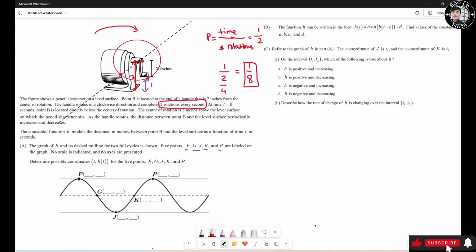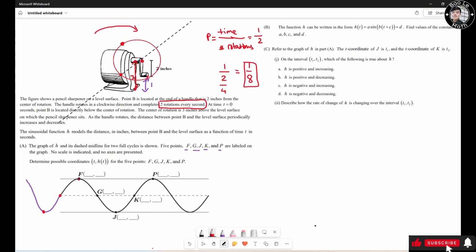And then another 1/8 seconds it goes over here, which is the maximum point. So the maximum point should be right here. We have something on the left right here, which we don't need to count. So obviously point B should be right here, and then the next point right here is this point.